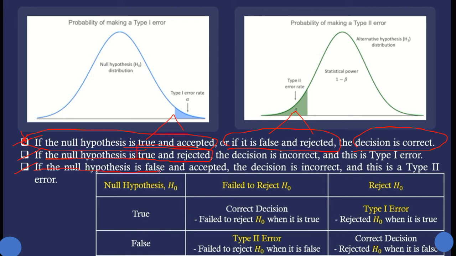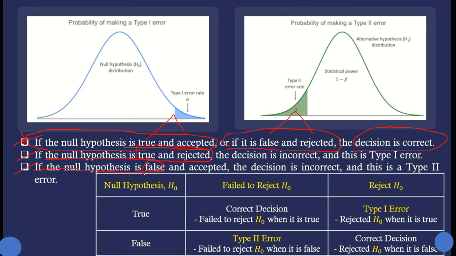If the null hypothesis is false and you accept it, then still the decision is incorrect. Because you already know your null hypothesis is wrong. You know it is wrong to love someone who is married, but you still did it. You still pursued it. Then that is beta error, type 2. So your decision there is wrong. Do not pursue it, right?